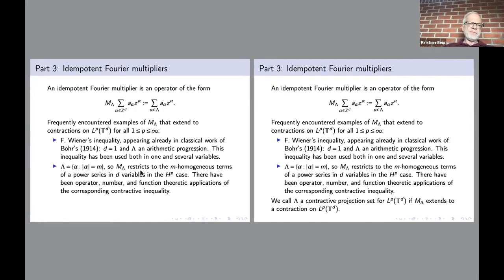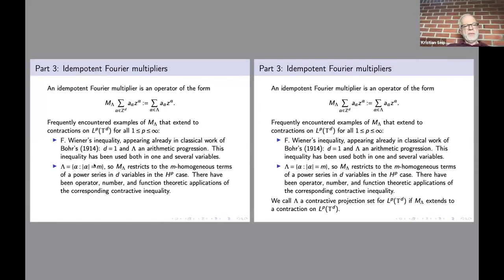Then another interesting such inequality, which is contractive, so when lambda has norm 1, is when you restrict to the M homogeneous terms of a power series. So lambda here, you fix an M, and now I'm dealing with non-negative frequencies, so that I have already gone to HP.